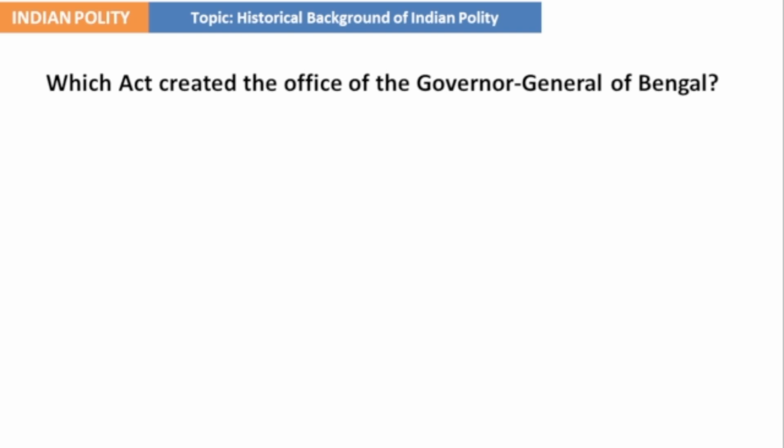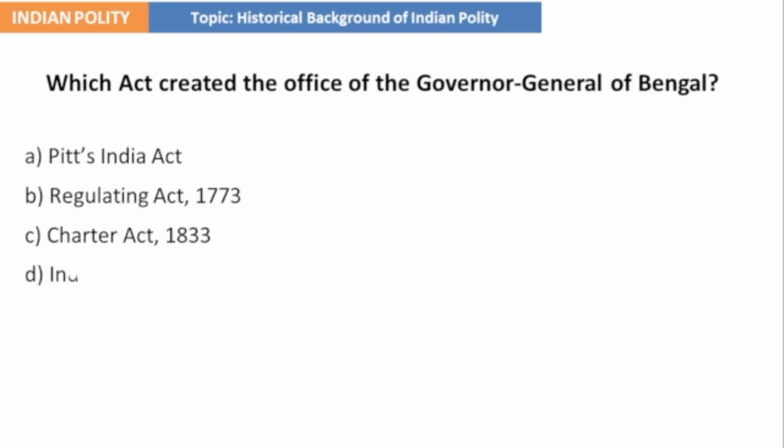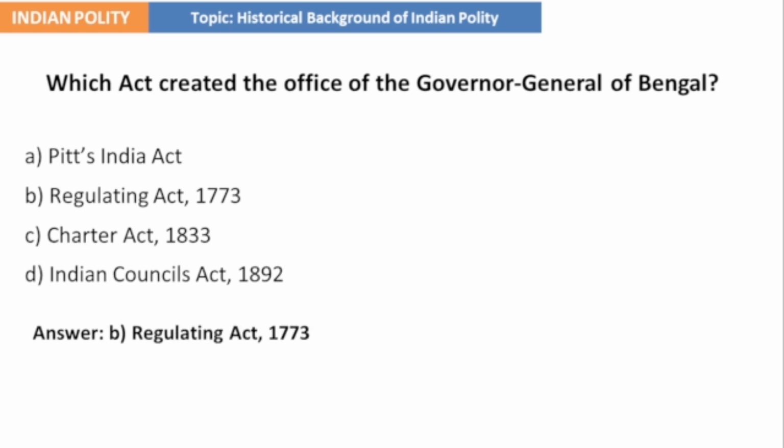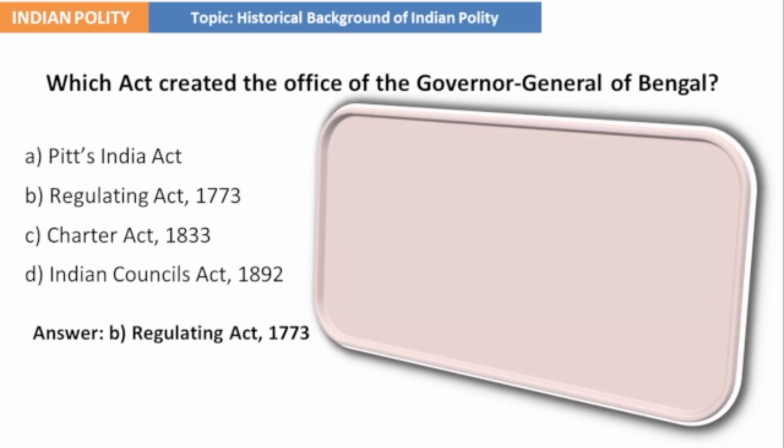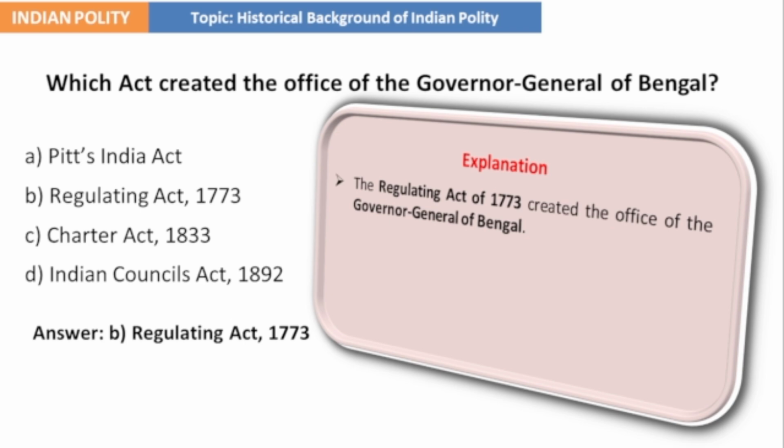Which act created the office of Governor General of Bengal? Right answer is option B, Regulating Act of 1773 created the office of Governor General of Bengal.